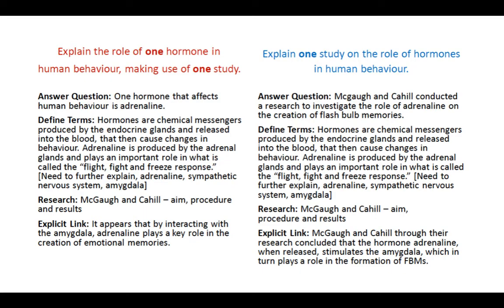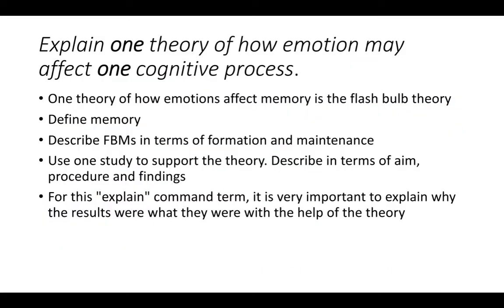And yeah, so one possible question that could come is: explain one theory of how emotion may affect one cognitive process. Again, they will not be specific to memory. Don't get confused. Like I said before, the IB gives us the freedom of studying whichever cognition we want to focus on, and we are focusing on memory and thinking and decision making.